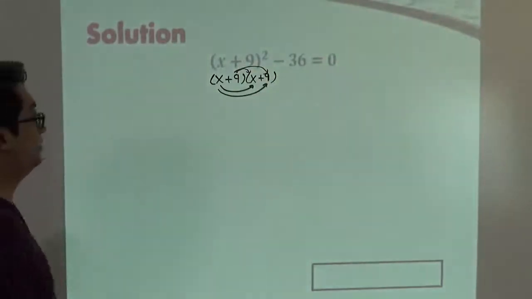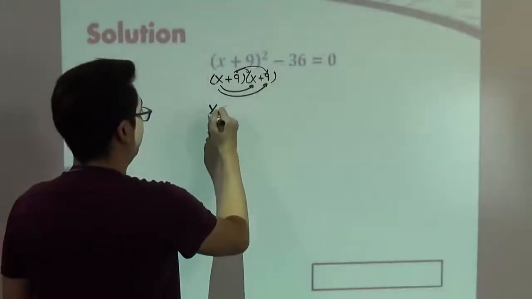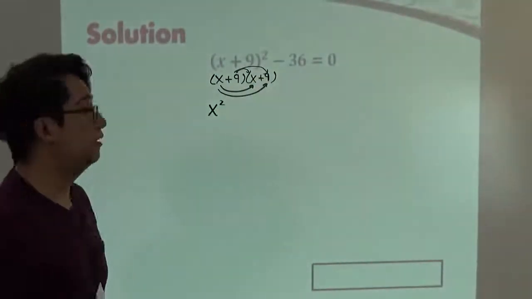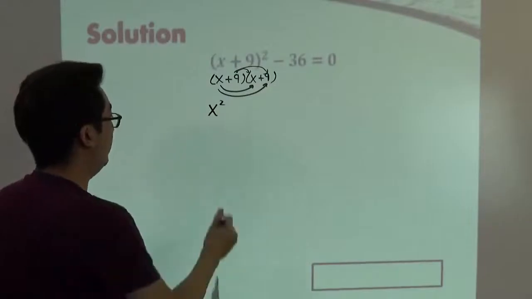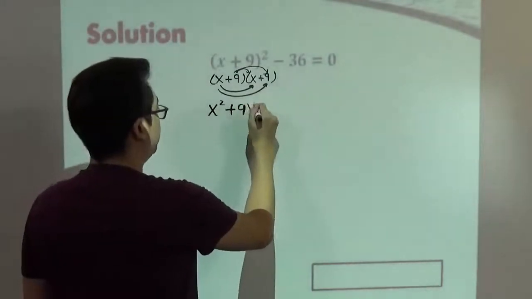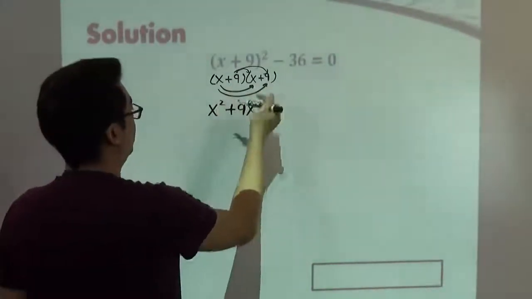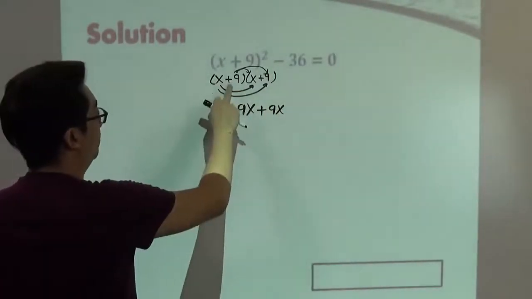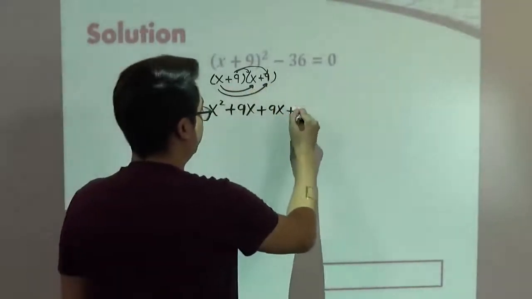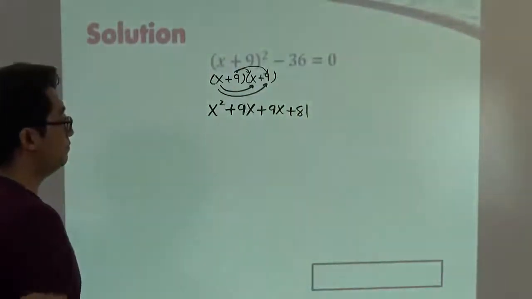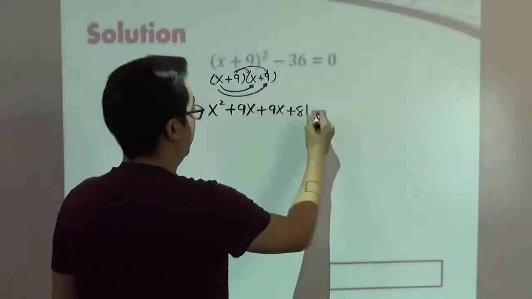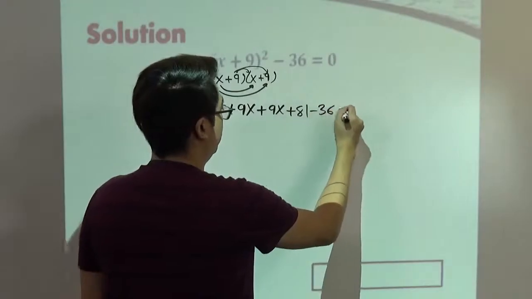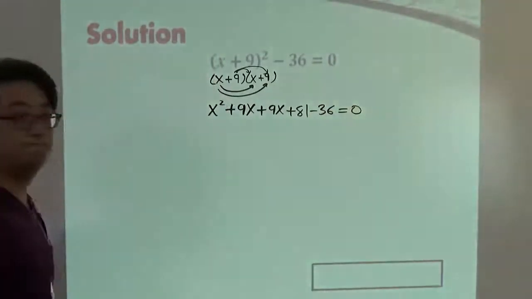My first terms, x times x gives me x squared. Outside, x times 9, 9x. Inside, 9 times x, another 9x. And my last, 9 times 9, is 81. Then I bring down the minus 36, equal to 0.